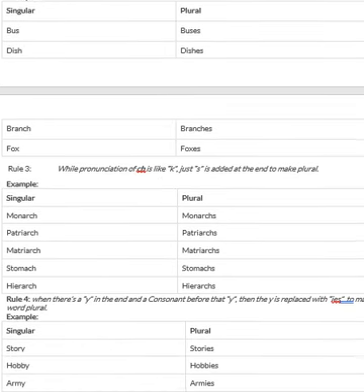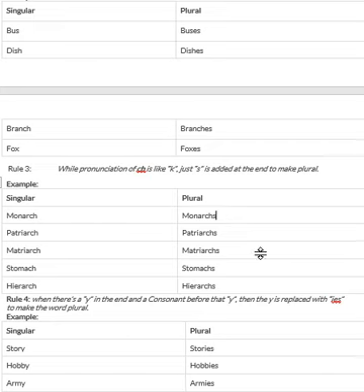We simply will have to add S to make it plural. Like if the word is monarch, it is not monarches. If it were, then we would have put ES to make it plural. But here CH is pronounced as K, monarch. Simply we will add only single S to make it plural.